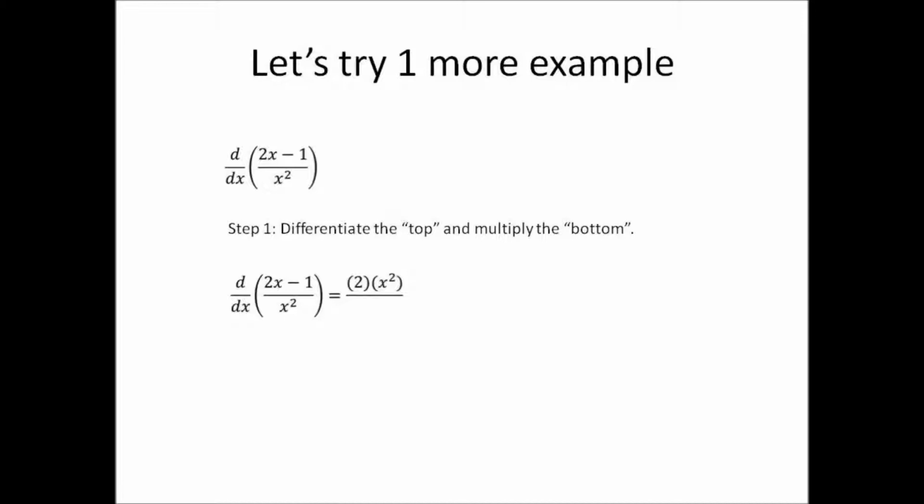Let's move on to step number 2, which is to differentiate the denominator, then multiply the numerator. So differentiating x squared will give us 2x, and multiply with 2x minus 1, the numerator. That's what we have. Same thing, you must remember to use the first part minus the step number 2 product. So the minus sign is very important.